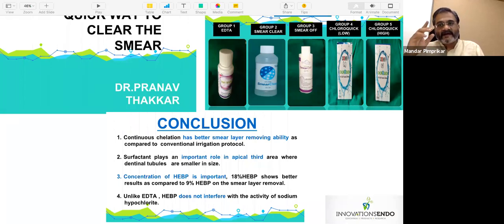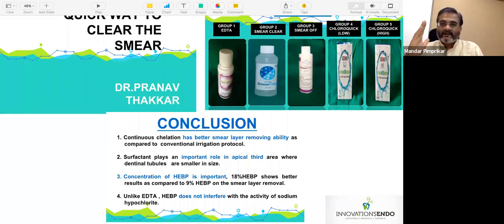Now, if you compare this etidronic acid with EDTA, EDTA is a strong chelating agent. Citric acid is a strong chelating agent. Etidronic acid is a mild chelating agent. If you leave EDTA in the tooth for more than 2 minutes, it is going to erode the dentine. Citric acid, it is going to erode the dentine.